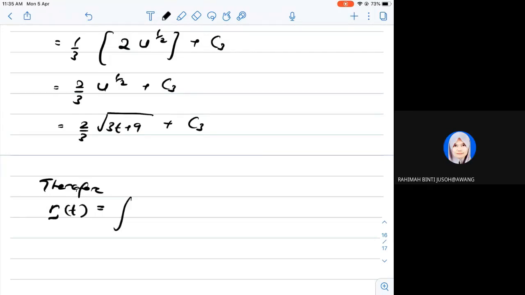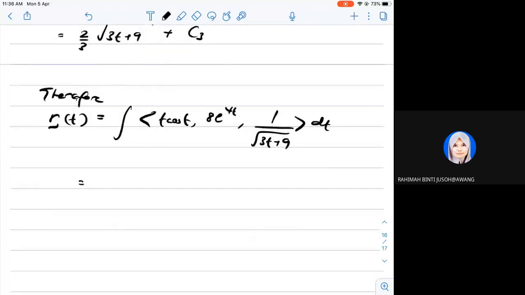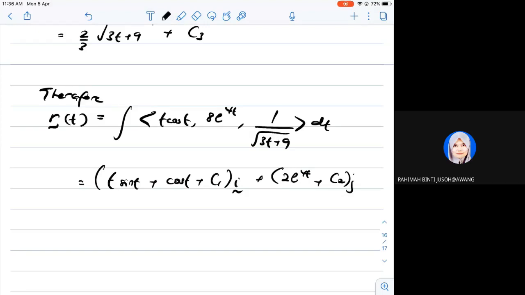So now therefore integration kita tadi t cos t tambah 8 eksponen 4t tambah 1 per square root 3t tambah 9 dt, okay, dia akan menghasilkan samalah dengan t sin t tambah cos t tambah C1 i, tambah 2 eksponen 4t plus C2 j, plus 2/3 square root 3t plus 9 plus C3 k.